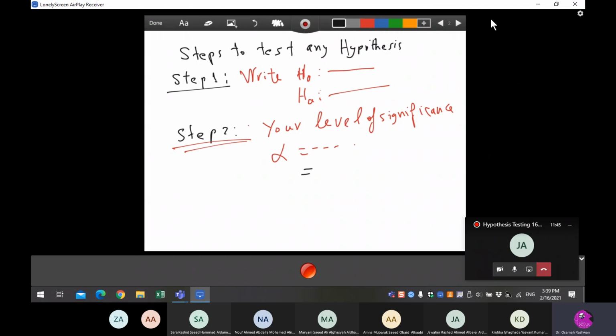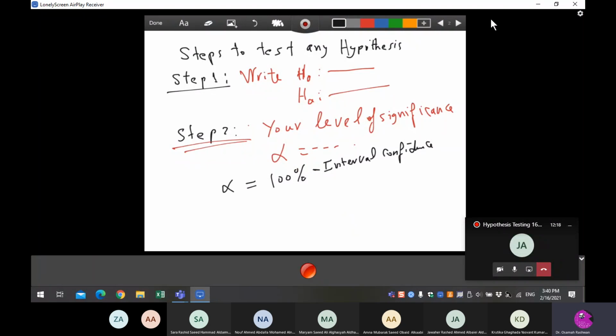Your alpha is equal to 100% minus the confidence interval.